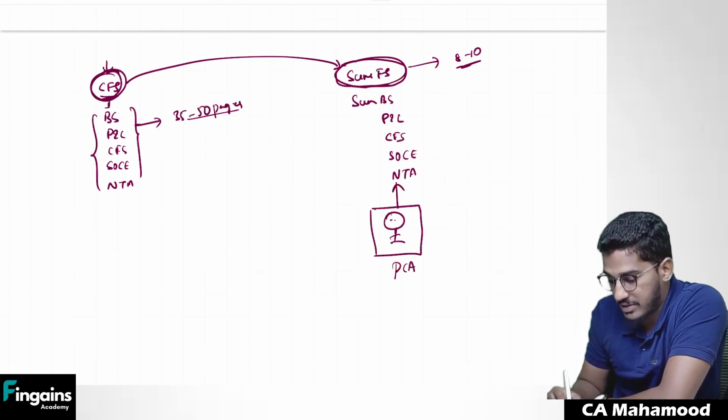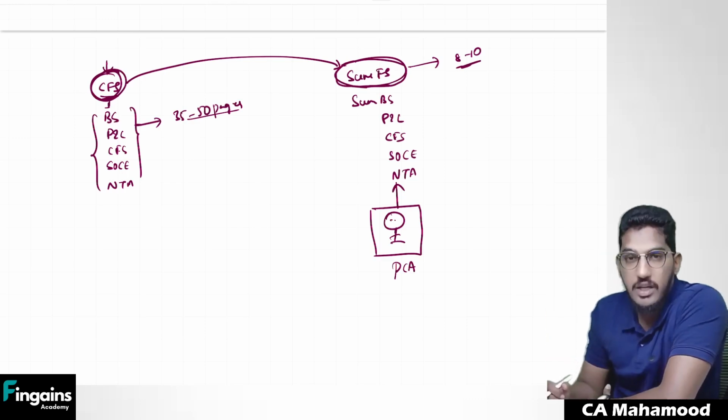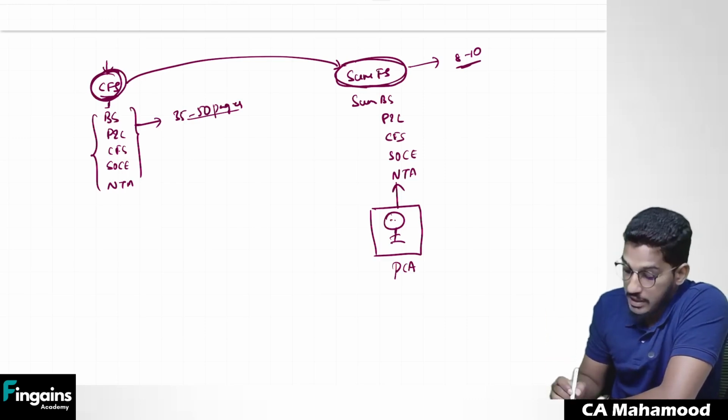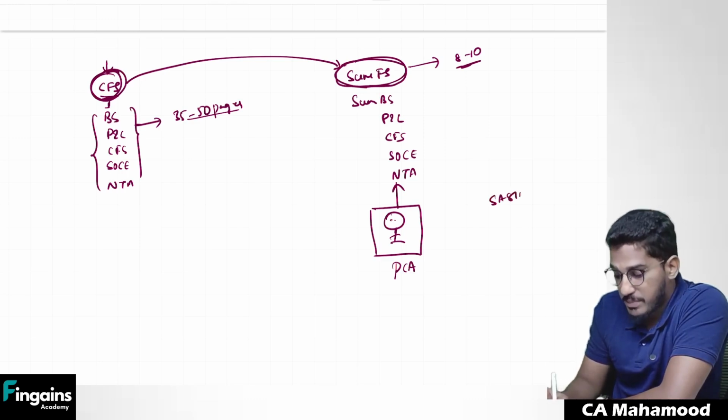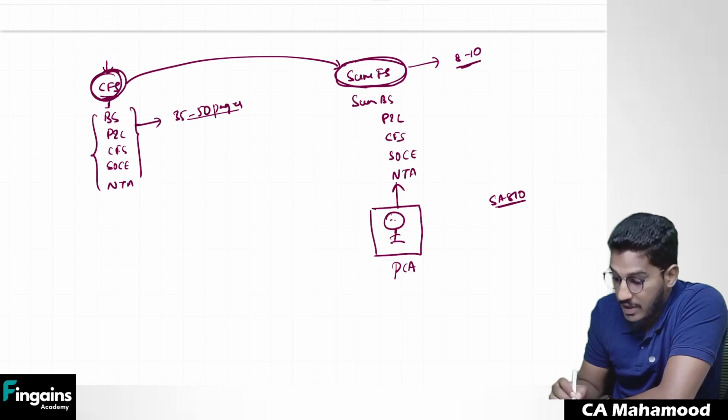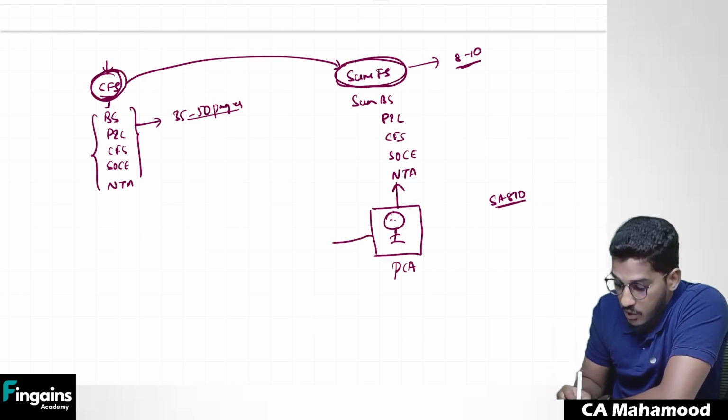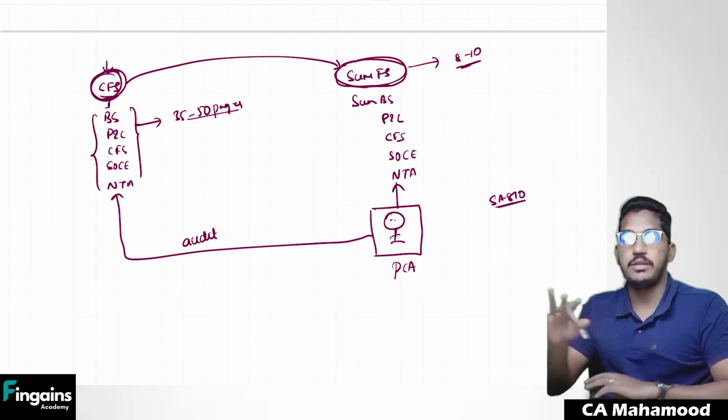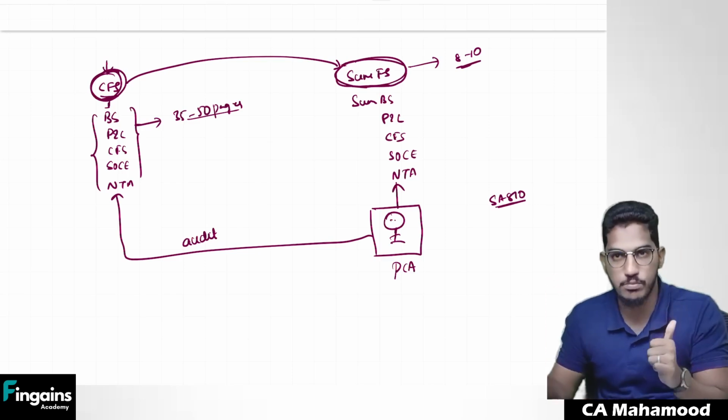So you are a practicing chartered accountant, and one client company has approached you asking you to do the audit of that summary financial statements. Now, SA 810 specifically says that you can accept conducting the audit of summary financial statements only when you are also the person who has conducted the audit of the complete financial statements. This is a thumb rule.